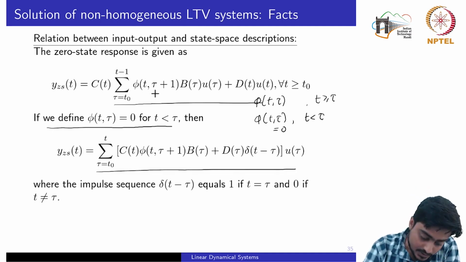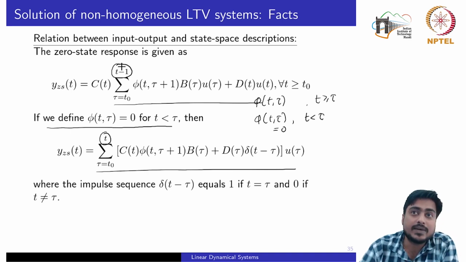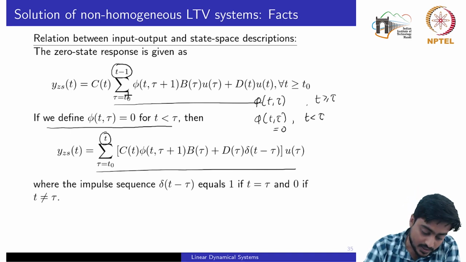Let's see. Note the change in the upper limit of the integral. In the initial solution, we have the upper limit as t minus 1. What does it mean? That if I put tau equal to t, let's put tau equal to t only in this part.